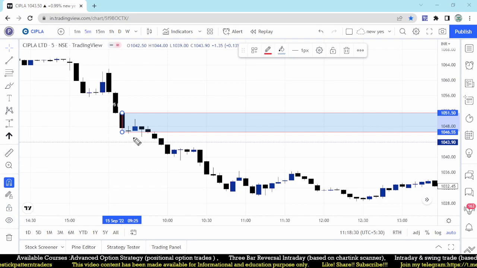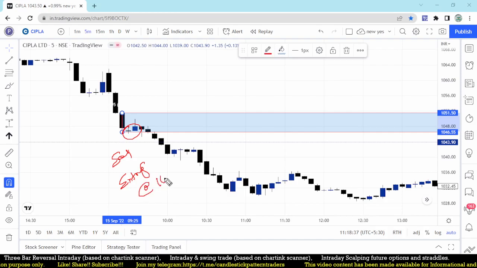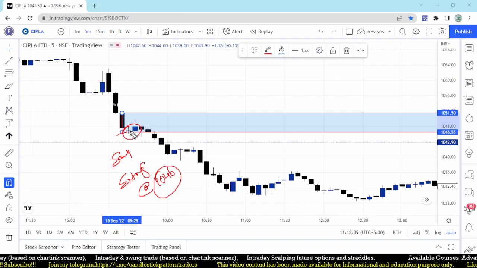Let's look at this stock. It triggers the sell entry at 1046, the low of that particular candle, and the stop loss is around 1051.